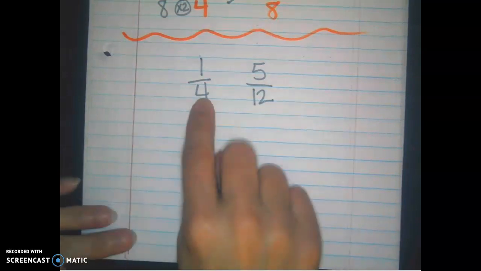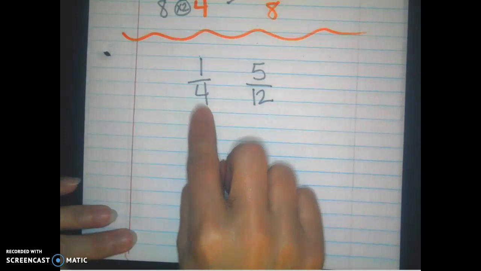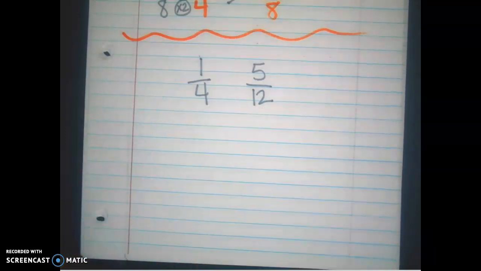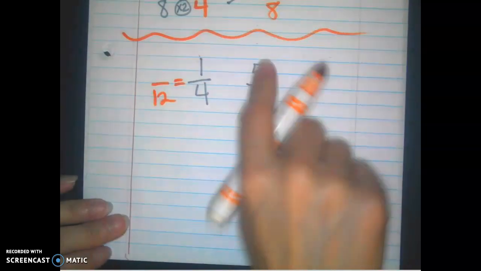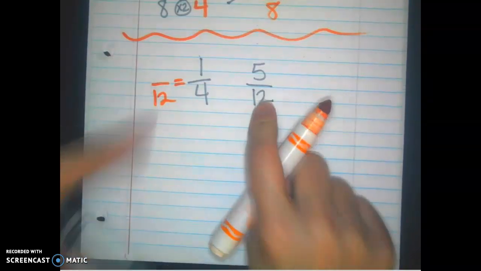So you can just check, is your smaller denominator something that I can multiply to make 12? Can I multiply something times 4 to make 12? Well, yeah, I can do 4 times 3. So I'm going to make a new fraction with a denominator of 12, and then I don't have to do anything over here, and they'll have common denominators because this is a 12 and this one can be a 12.